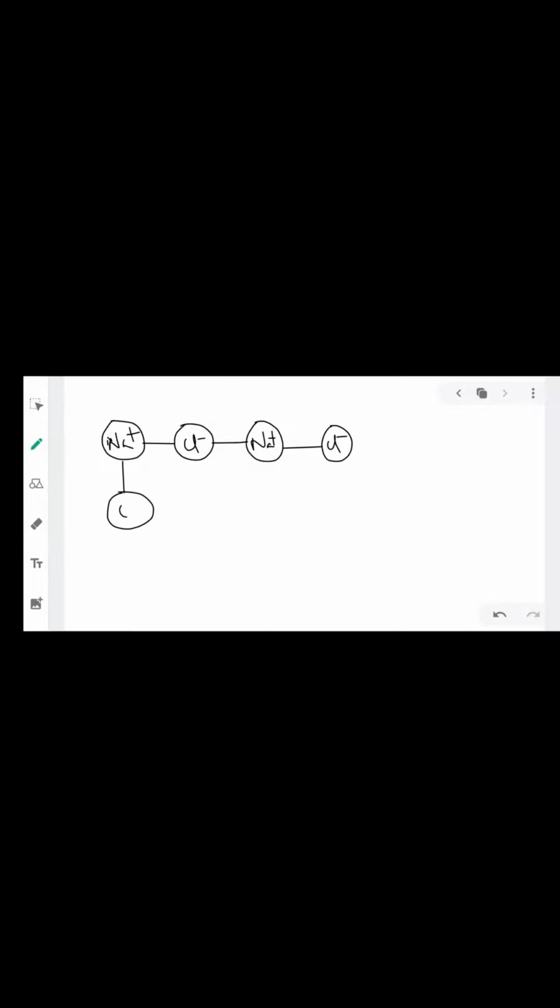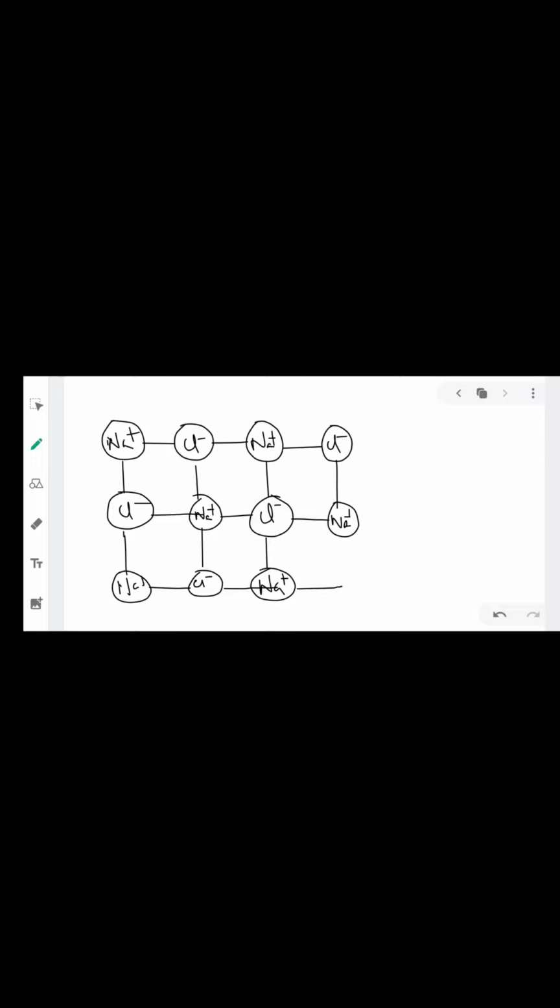Here we have Cl-, Na+, here we have Cl-, again here we have Na+. So in a crystal lattice, many ions are joined together. Like this it is.